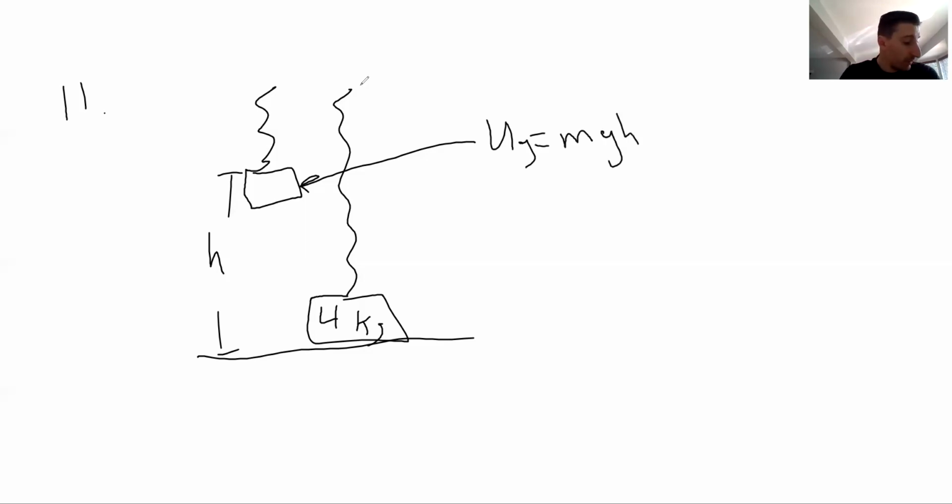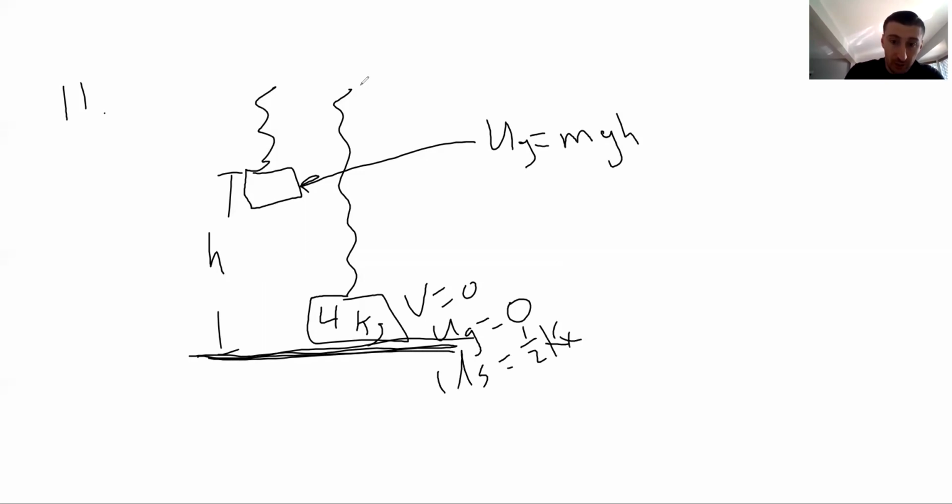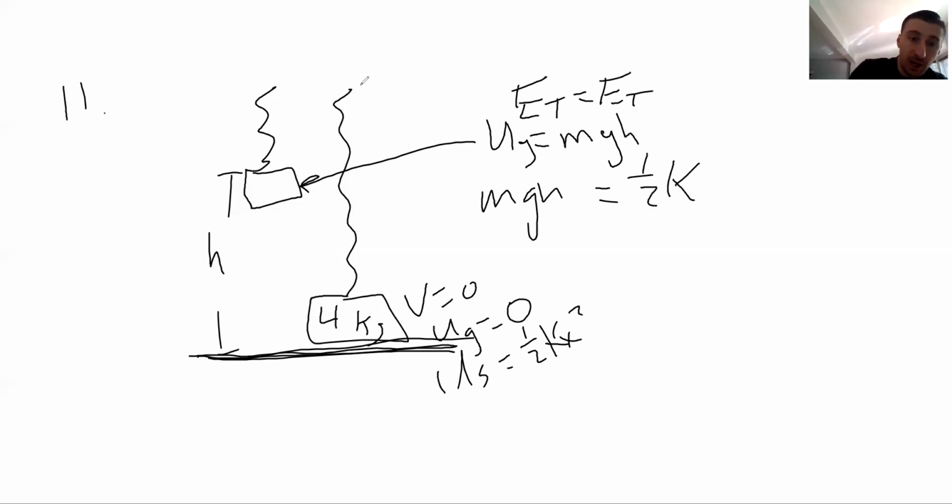We're trying to figure out how far it's stretched. If we set this point to be reference point 0, it still has a velocity of 0. Now it has a gravitational potential energy of 0, but it has potential energy of the spring, which is equal to 1/2 kx squared. Because we know total energy equals total energy, I can say that mgh initially equals 1/2 kx squared, and actually think about how far it's stretched. If it starts here and stretches down, my x is actually going to be the same distance as my height.